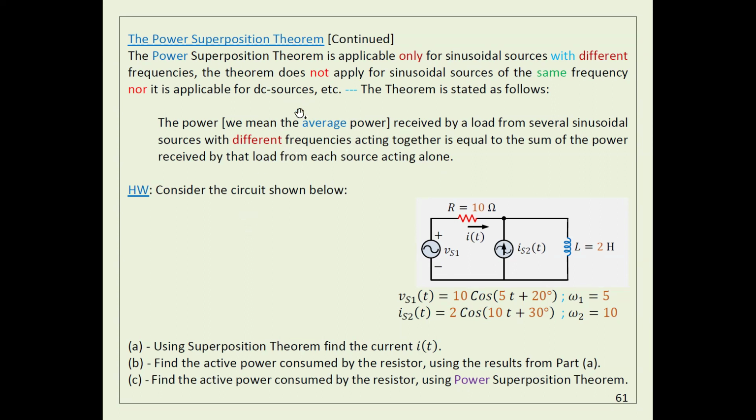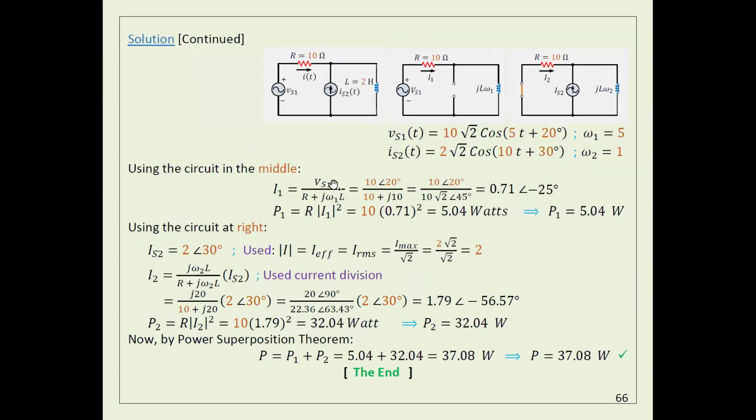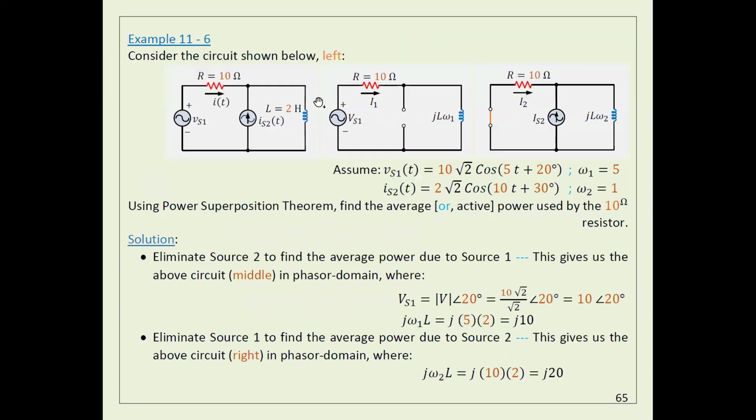Same frequency is not going to work, because of the proof. Let me show you this example quickly. I want to calculate the power here. From this circuit, I can make two different circuits, as you see here.